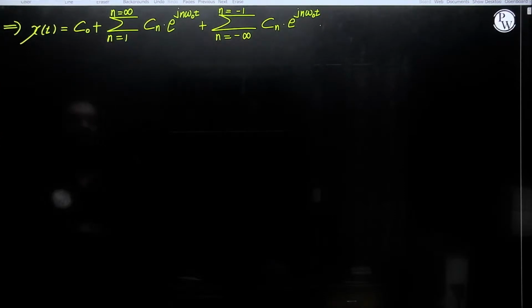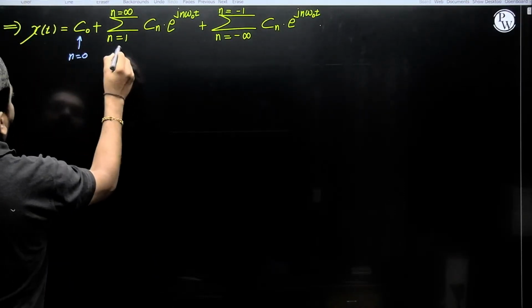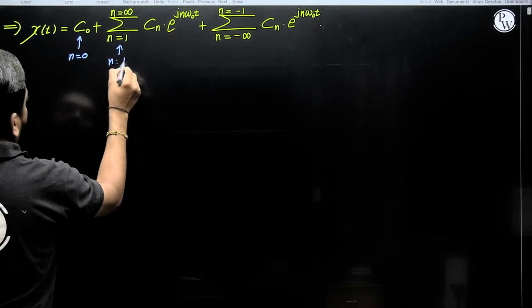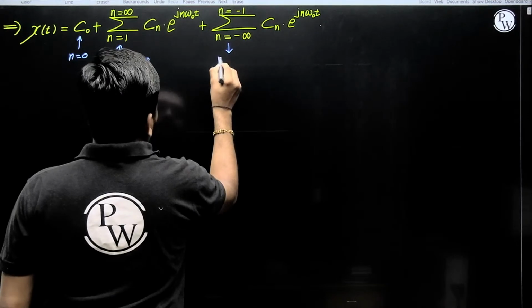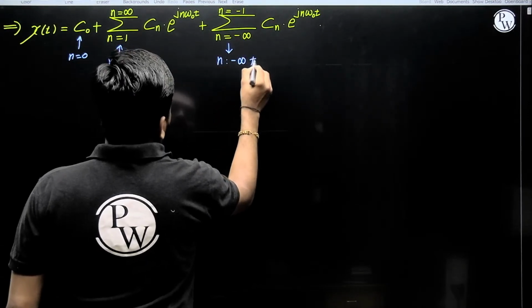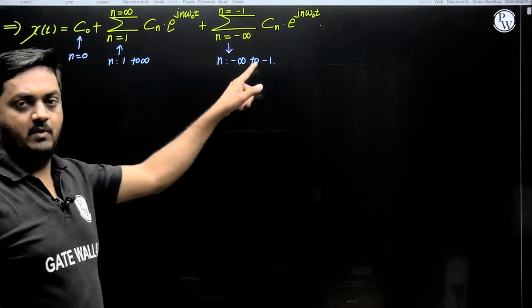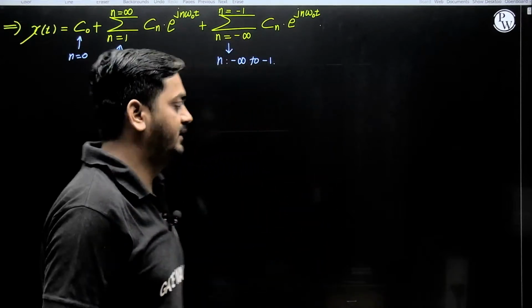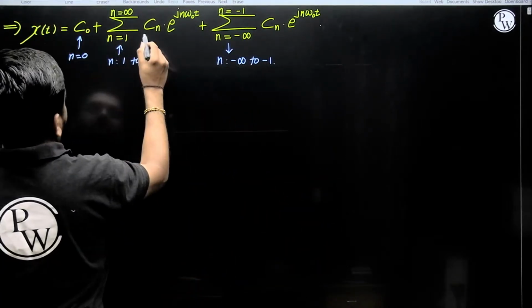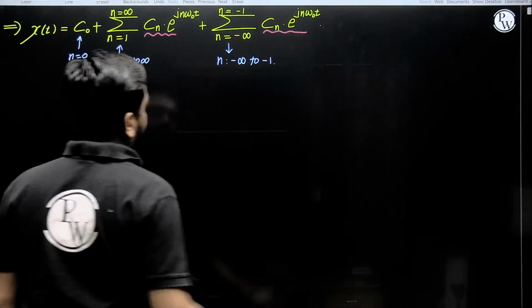Now we can see here, starting from 1 to infinity, and here starting from minus 1, n is only an integer. So minus infinity to minus 1, n equal to 0, n equal to 1 to infinity. Rest all these things are the same: e to the power j n omega 0 t.